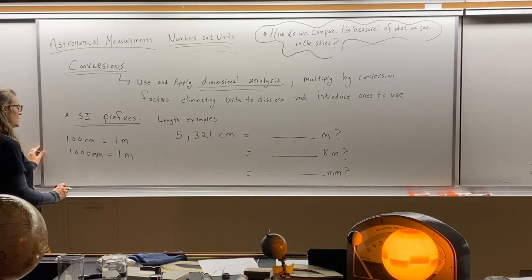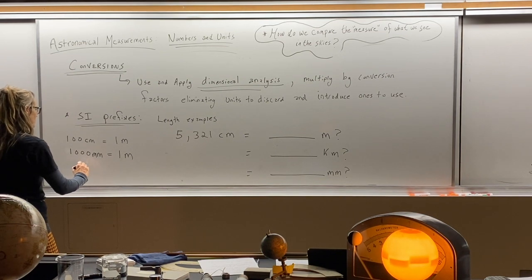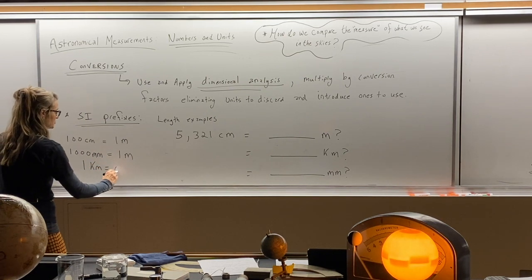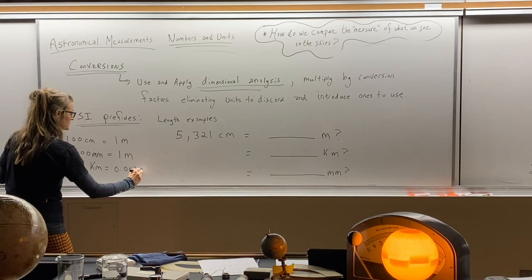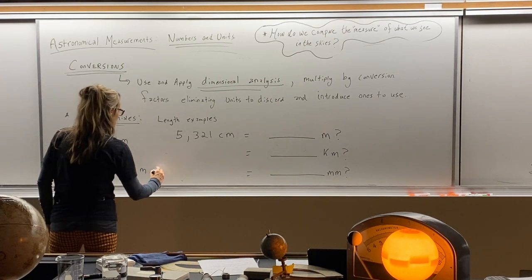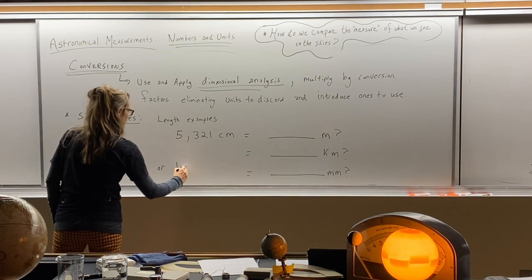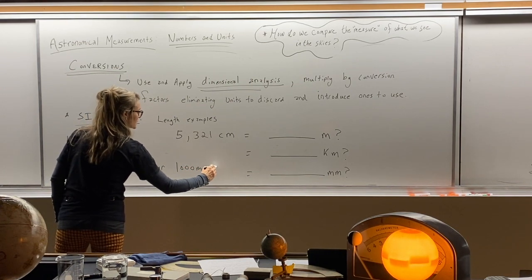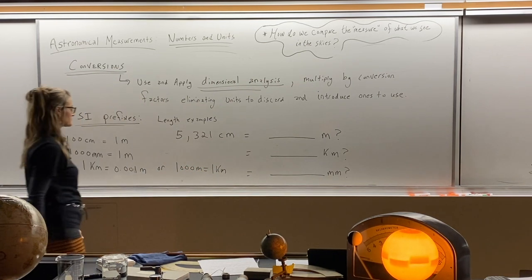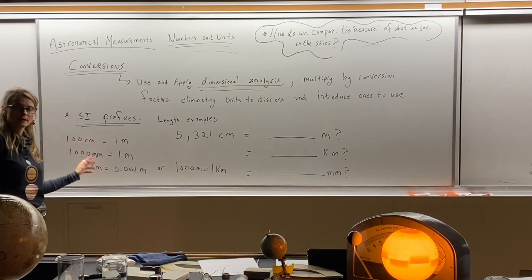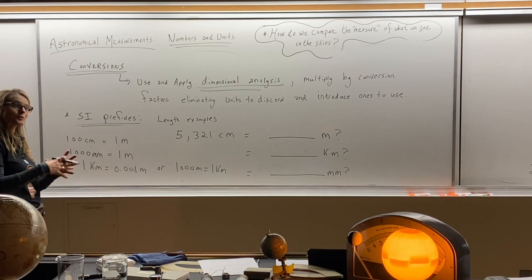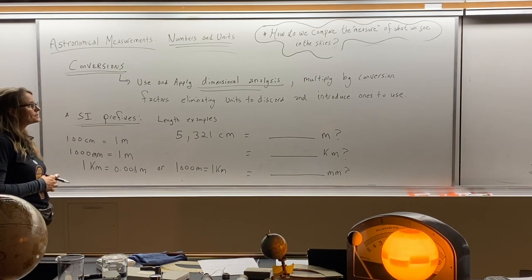And then what about a kilometer? Well, what I know is that 1 kilometer is equal to 1,000 meters, or 0.001 kilometers equals 1 meter, whichever you remember. There are many more: decimeters, hectometers, megameters. You can look up all the prefixes. These are some of the ones that are most used.